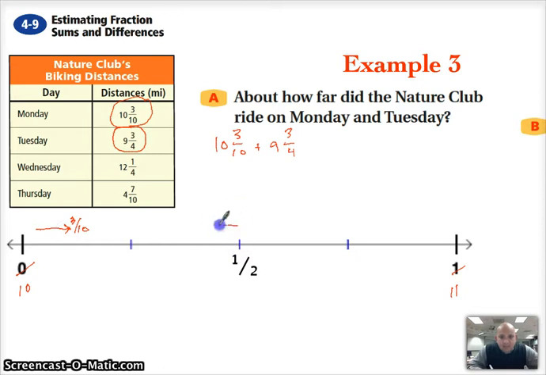And 3/10 is actually 2/10 away from 1/2, because I know 5/10 is right there at 1/2. So it's 2/10 away from 1/2 and 3/10 away from, of course, 0. That tells me it's closer to 1/2. I'm going to write down 10 1/2.